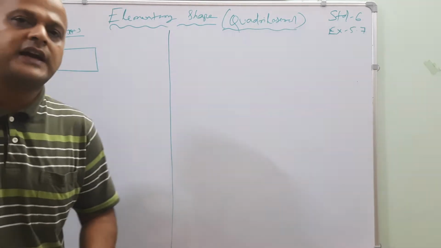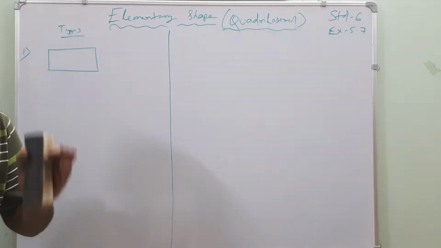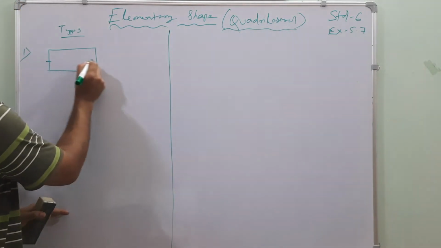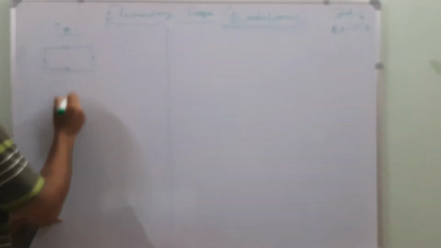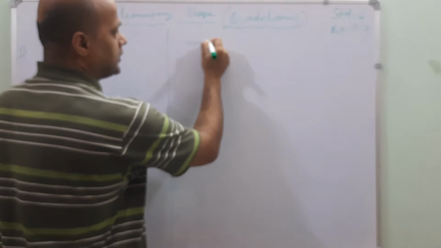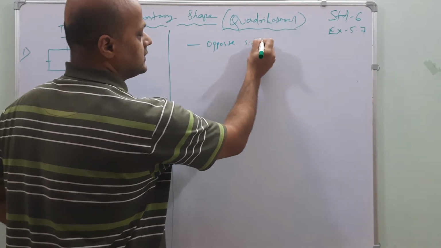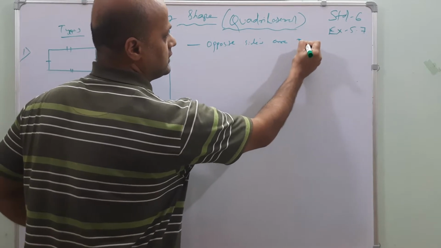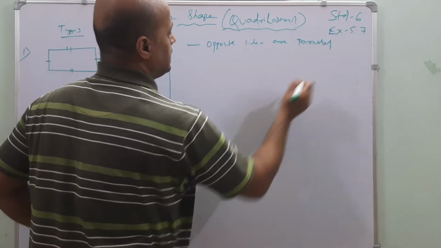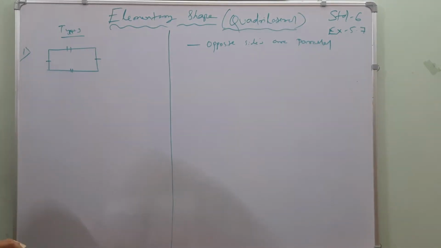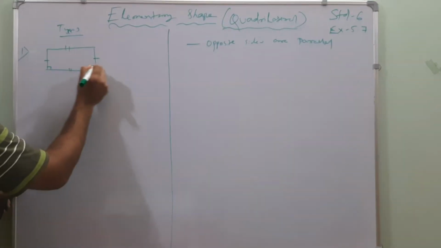How will you recognize a rectangle? First point: opposite sides are parallel. Understood, my dear friends?